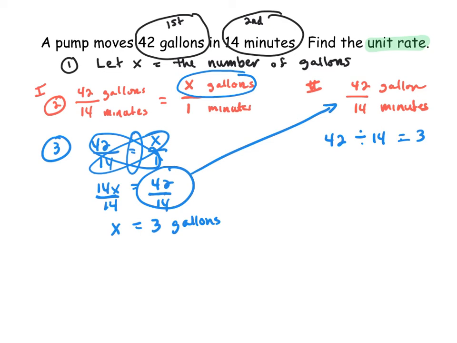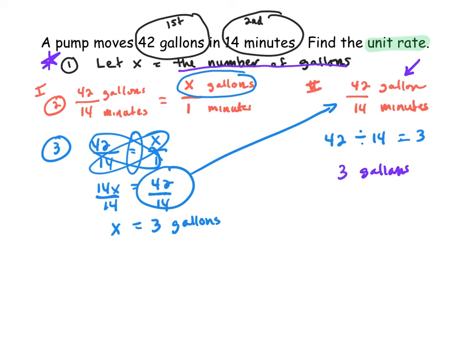So again, 2 ways to do that. If you define your variable, which I would suggest, you can immediately say, okay, that's the number of gallons, so you know that this is 3 gallons. If you don't define a variable, you have to recall that we're finding how many of the first item they give us for one of the second. So this is 3 gallons.